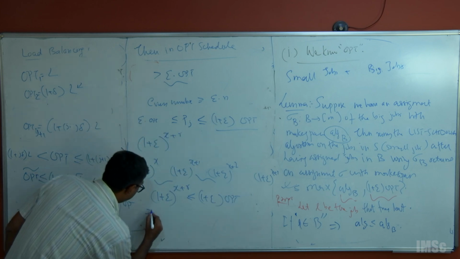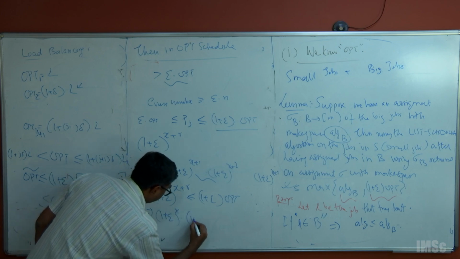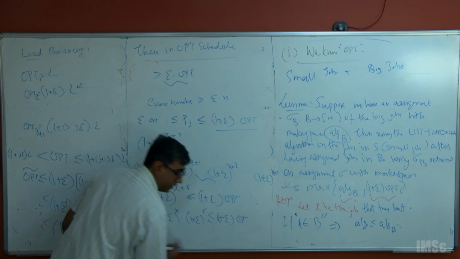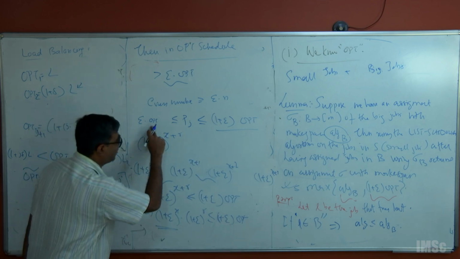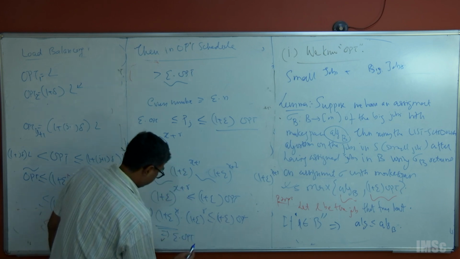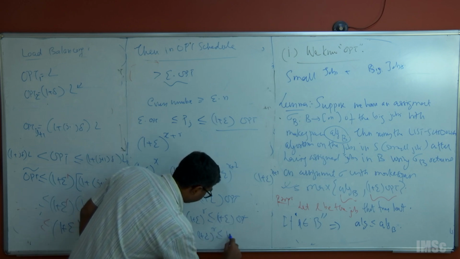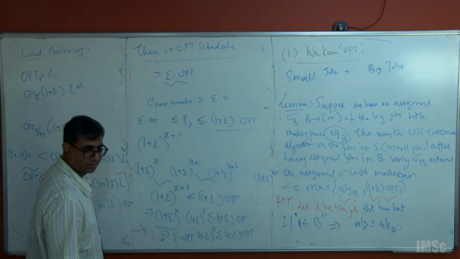Now what is this? It is 1 plus epsilon to the x times 1 plus epsilon to the r, less than or equal to 1 plus epsilon times opt. Is that fine? But what is 1 plus epsilon to the x? It is epsilon times opt, right? So this implies epsilon times opt times 1 plus epsilon to the r is less than or equal to 1 plus epsilon times opt. Opt gets cancelled.